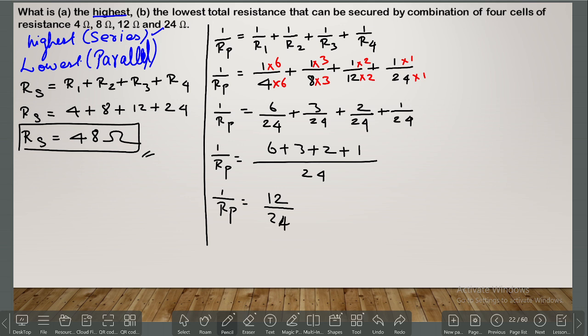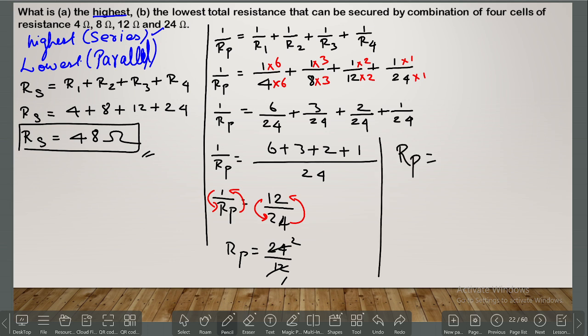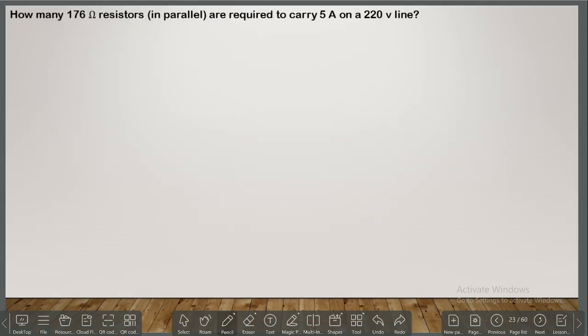But what we need is Rp. Since we need Rp, take the reciprocal on both sides. Therefore Rp is equal to 24/12. Simplify, 1 12s are 12, 2 12s are 24. So the net resistance in parallel, that means the lowest resistance, is going to be 2 ohm.